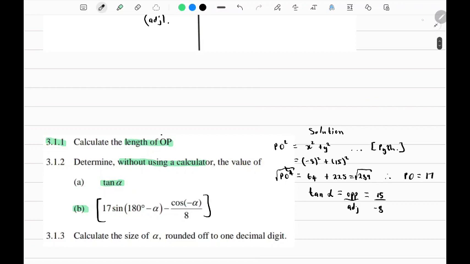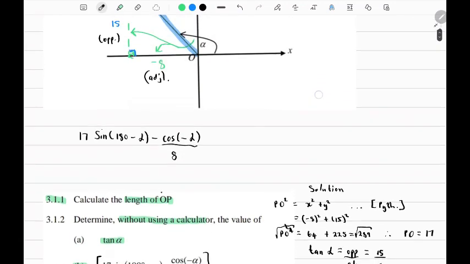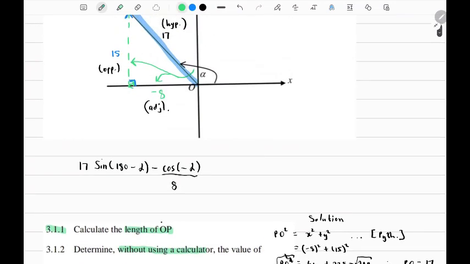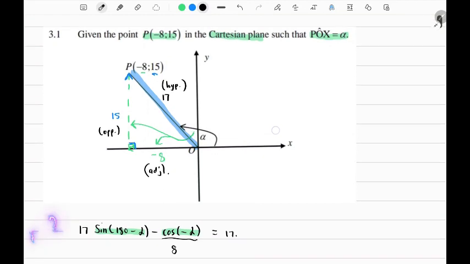So let's just write it down real quick. So by inspection, we can use the reduction formula here. And for the second one, we can use the negative angle formula. Firstly, we can reduce the terms highlighted in green. So this can be rewritten as 17 times sine of 180 minus alpha.